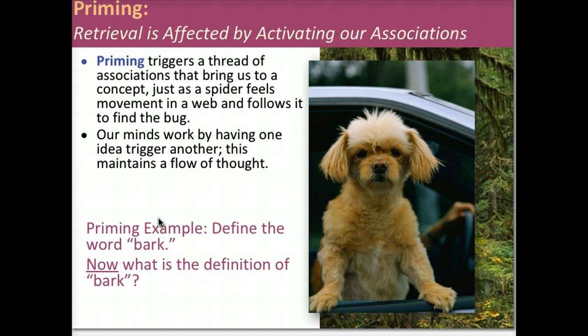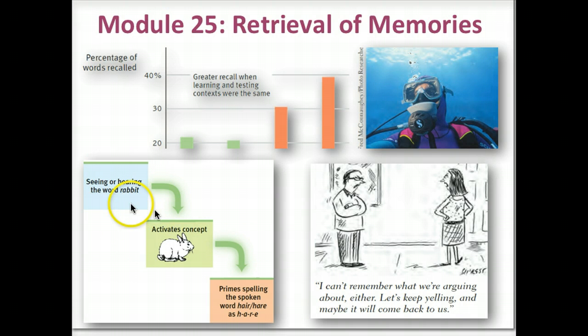Priming refers to the trigger of a thread of association that brings about a concept. This is great examples, and I'm going to go back to the first slide again and use this diagram to explain priming. Okay?